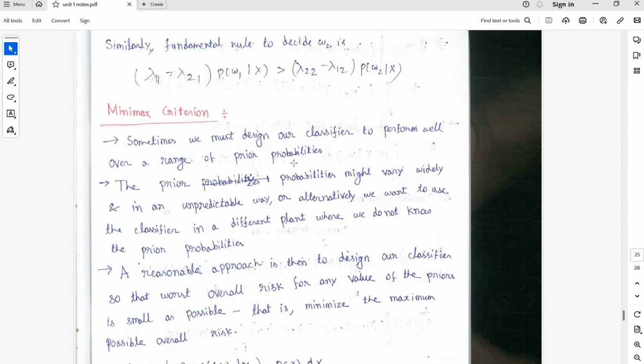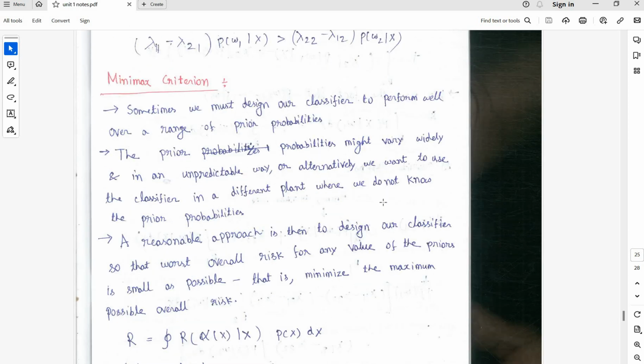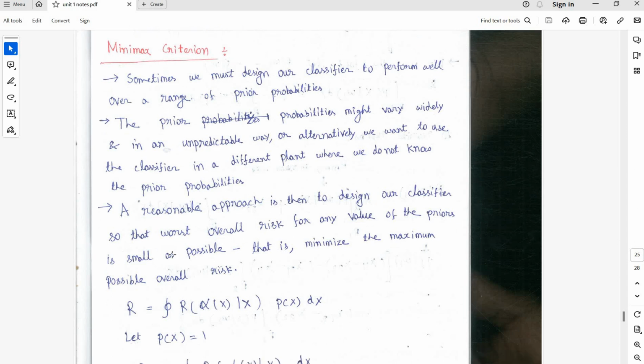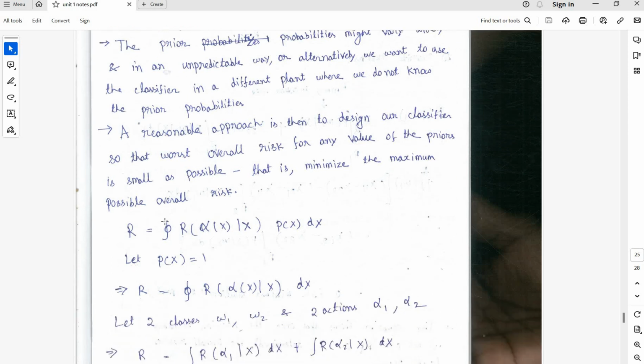Minimax criterion. Sometimes you must design a classifier to perform well over a range of prior probabilities. Bayes' theorem states that we need the prior probability for knowing the class. When we may not have the prior probability, we use the minimax criterion, where the maximum overall risk will be R equal to the integral of R of alpha given x times p of x dx.